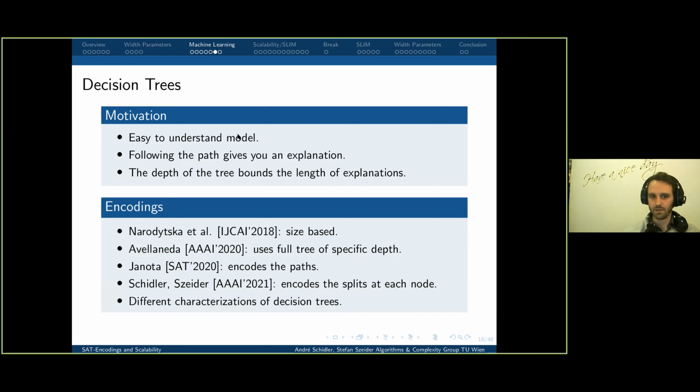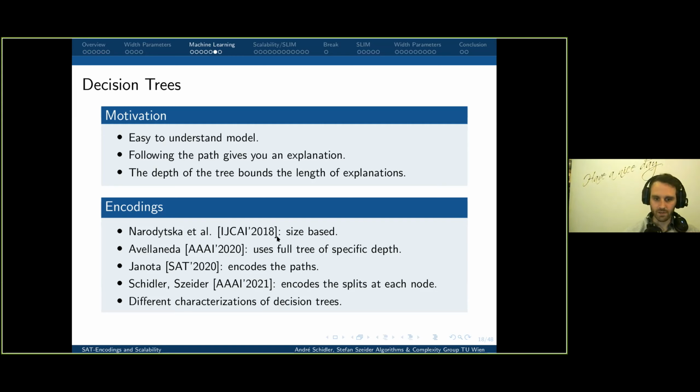If you give a reasonably old child a decision tree and invest 5 minutes, they will understand how it works, and they can then classify data. If you give an expert a complex neural network, they will not be able to tell you why it made certain decisions, in terms of what of the input data was actually really important for the decision. So following the path gives you an explanation, and we focus on the depth because we want to bound the length of the explanation.